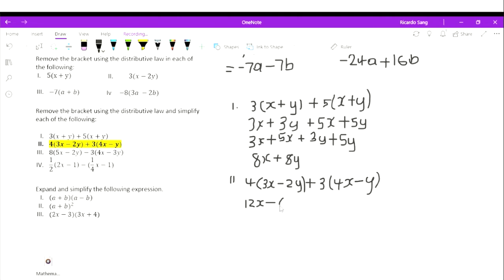Times x, 3 twos are 6, that is 6y. And 3 fours are 12.